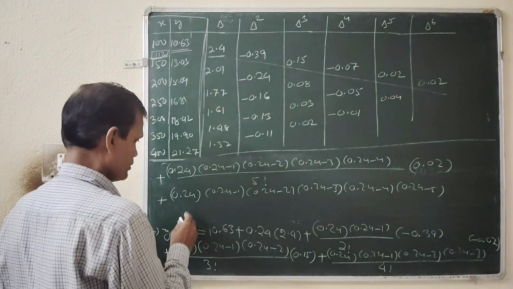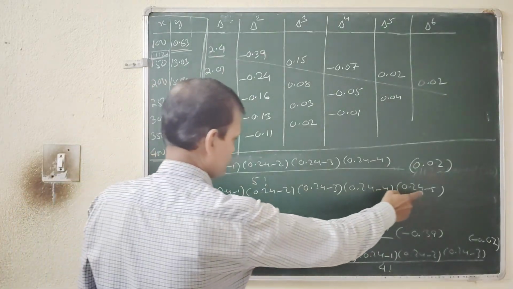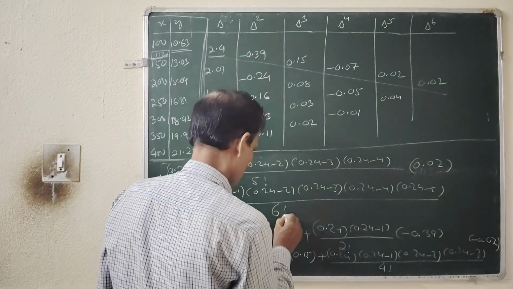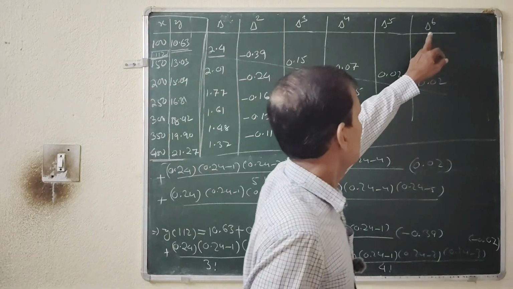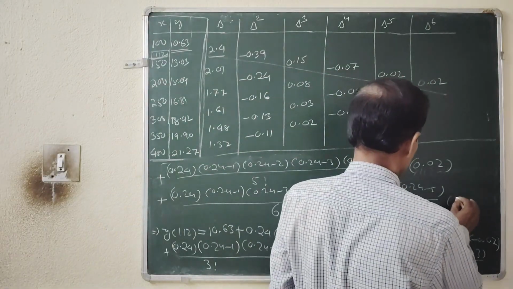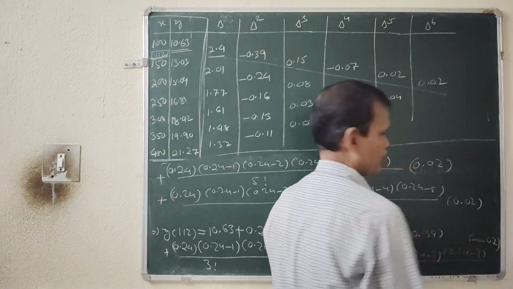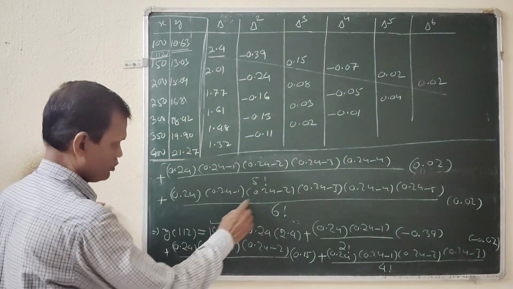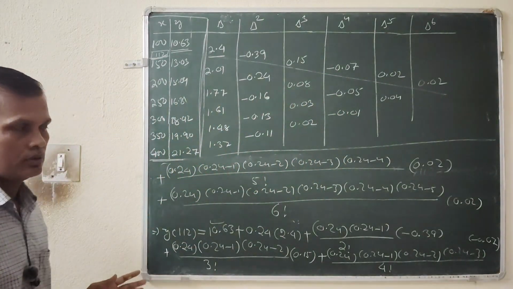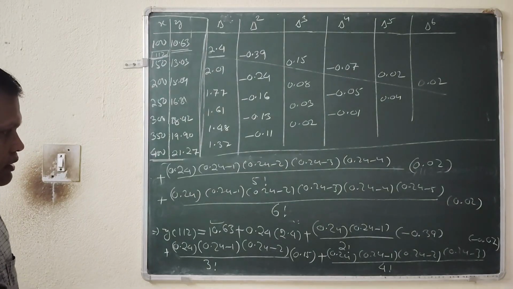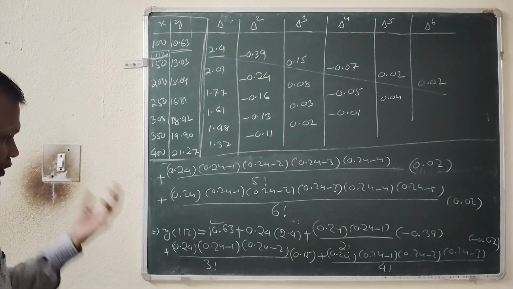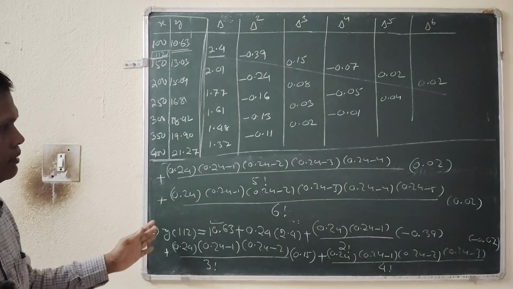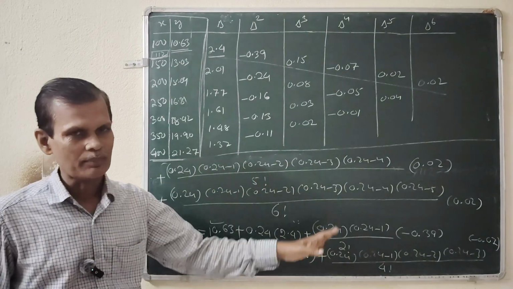How many terms are there? 1, 2, 3, 4, 5, 6. So you write 6 factorial, then delta 6, that is 0.02. Now our problem is over. Just use your calculator to calculate from this to this, and whatever result you get is the value of y of 112. Very simple, only you have to calculate this numerical part.